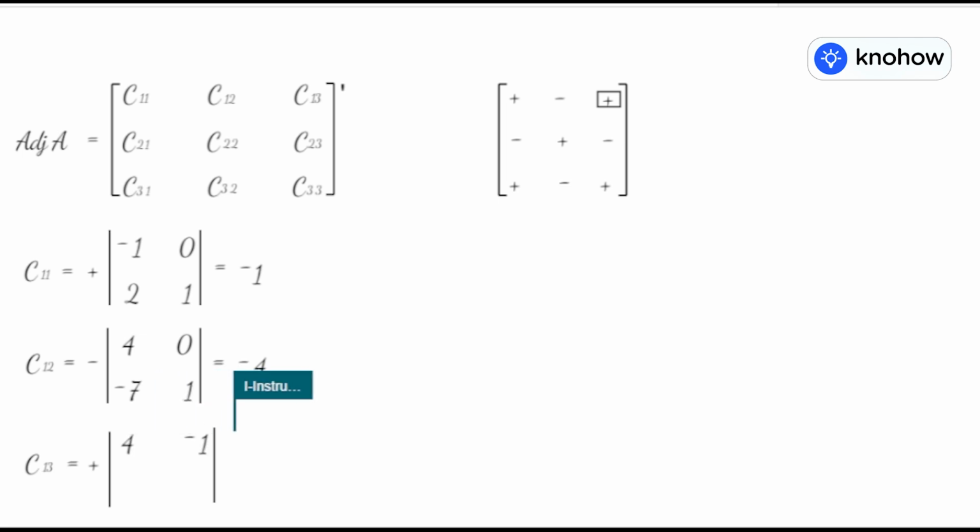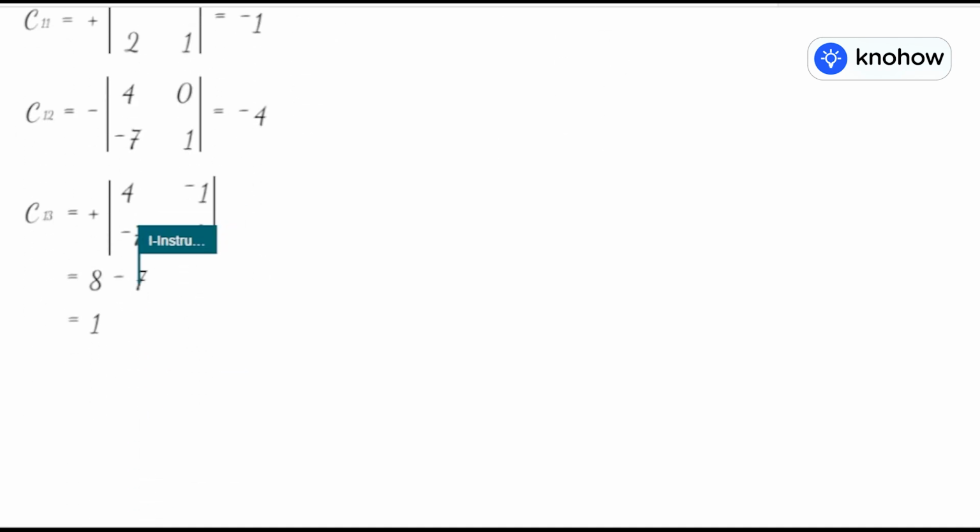So you get 8 minus 7, that is 1. So now we have worked out C11 as minus 1, C12 as minus 4, and C13 as 1.